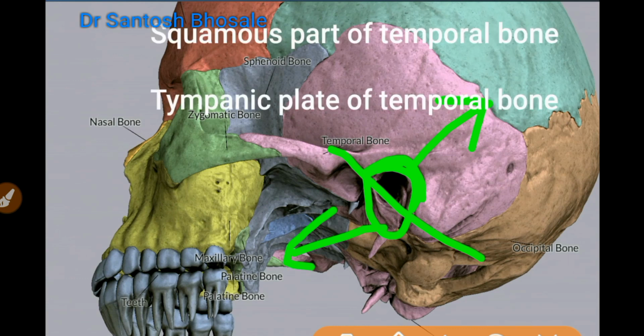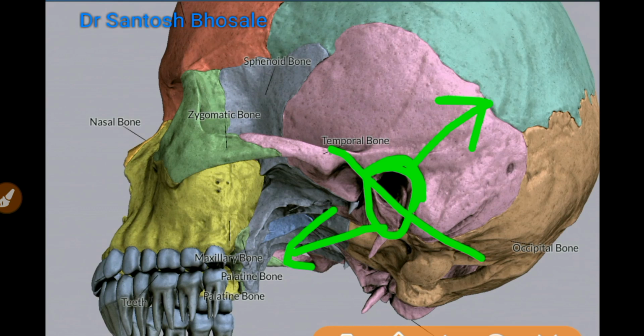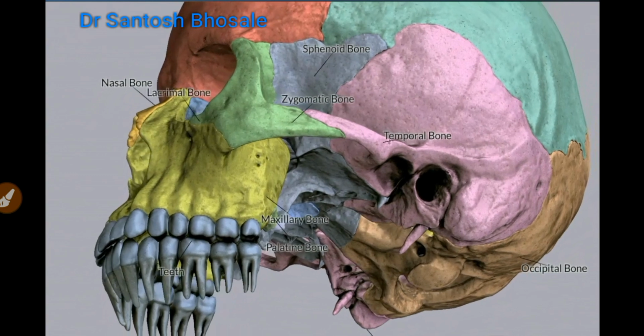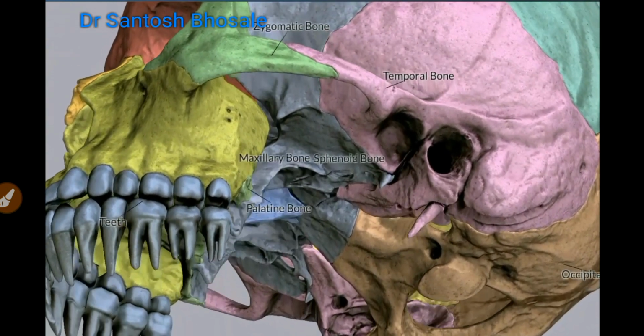You can say posterosuperiorly squamous part, anteroinferiorly the tympanic part, whereas lateral 1/3 is cartilaginous, medial 2/3 is bony. So this is the bony part you are seeing. It has a diameter of around 2.5 centimeters.